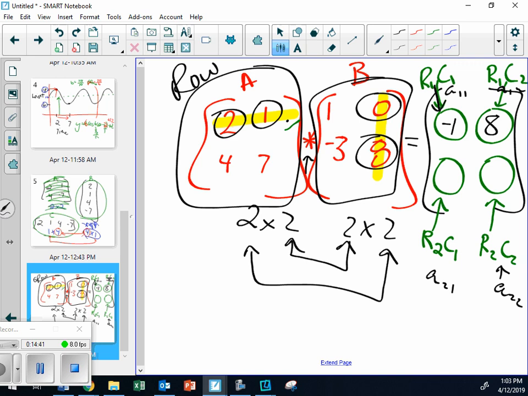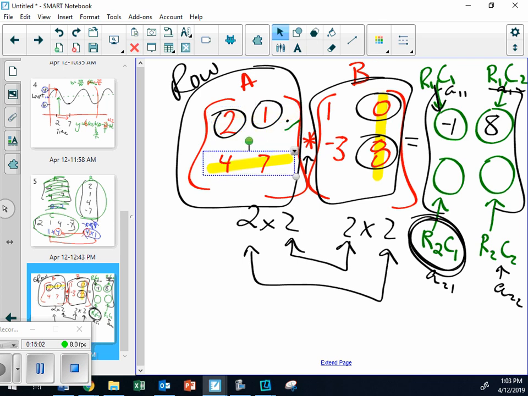Red's the row. Row 1, person 3. It's you. What did you get? Or tell me how to get this guy, R2C1. That is correct. Hold on just a second. I am going to fix something here.